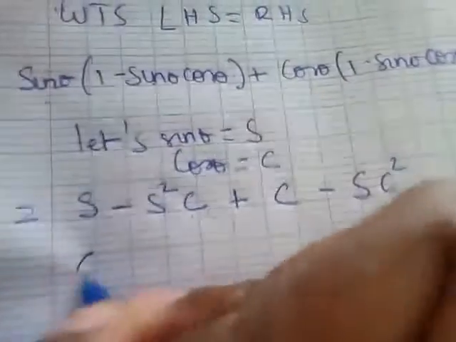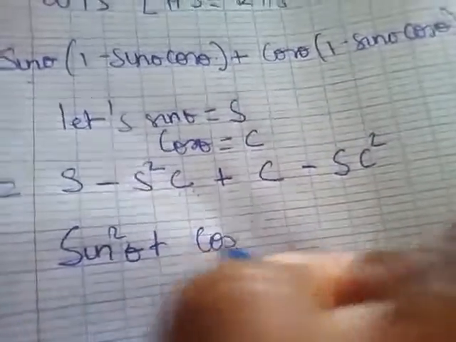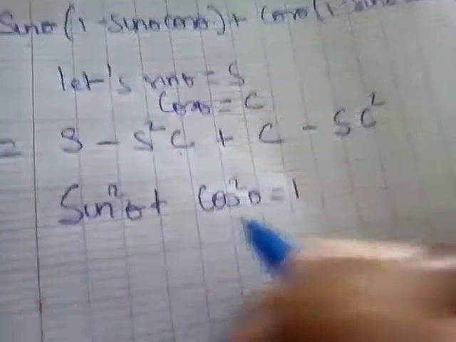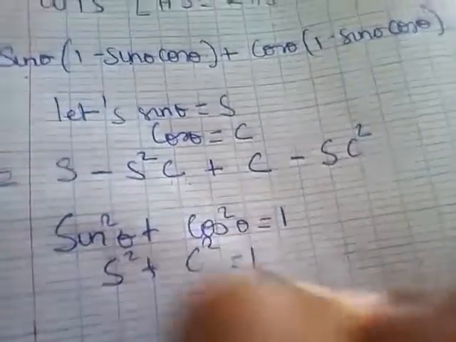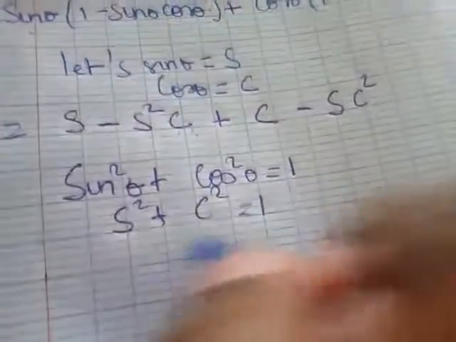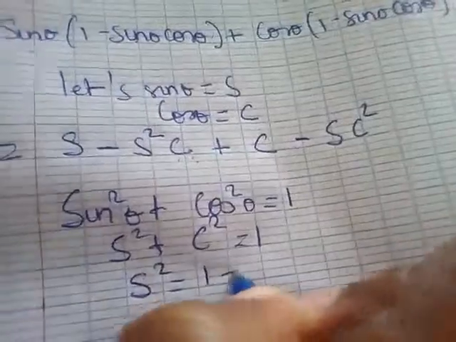We all know that sine squared theta plus cos squared theta is equal to 1, or using the substitution, S squared plus C squared is equal to 1. So I know that S squared is the same thing as 1 minus C squared, and also that C squared is equal to 1 minus S squared, and I can use both to substitute in what I have here.